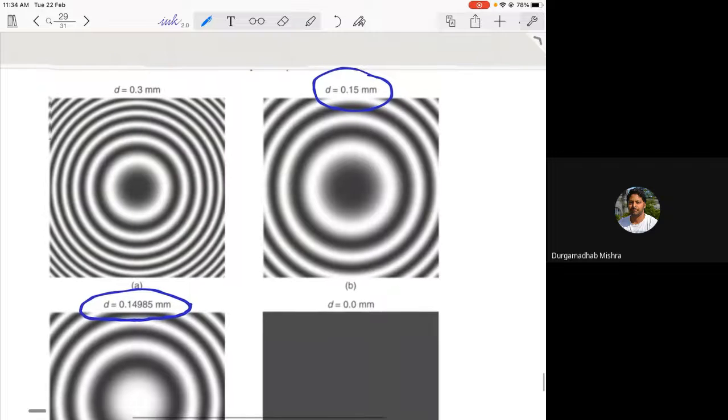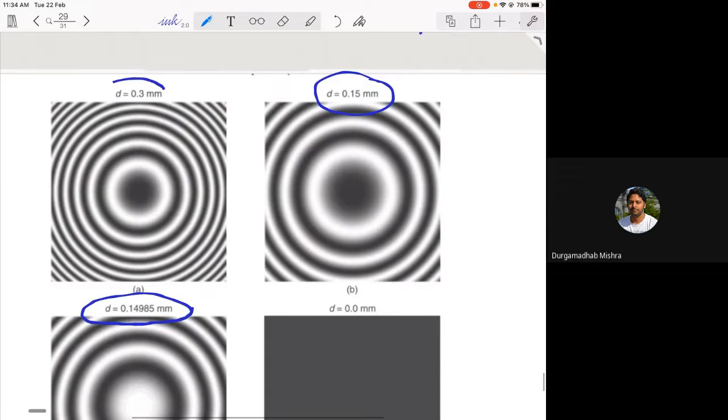So now this is for d equal to 0.3 millimeter, so it is about 300 micrometer. If the separation now you increase to 300 micrometer, you see very similar to what you have at 150, but you see more rings. Okay, so the number of rings within this area has increased. So in a way the rings are actually expanding.